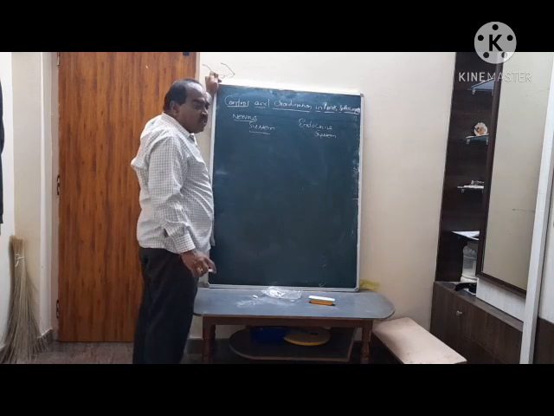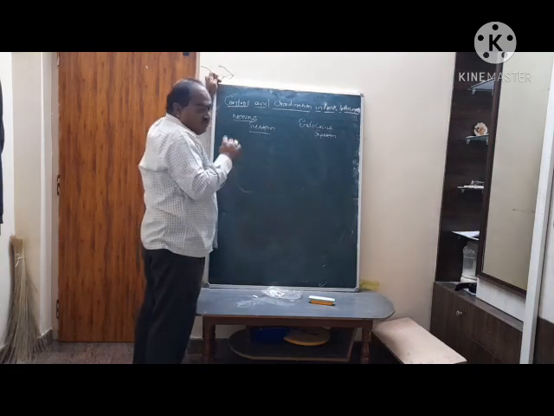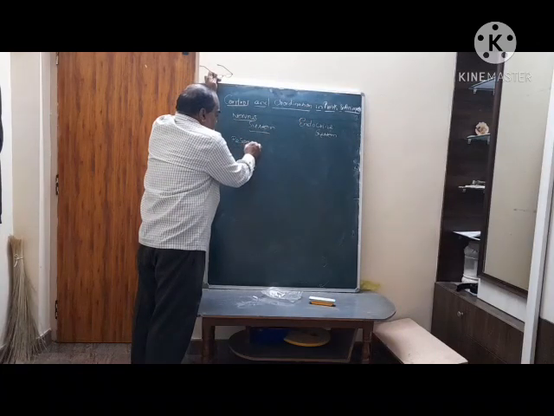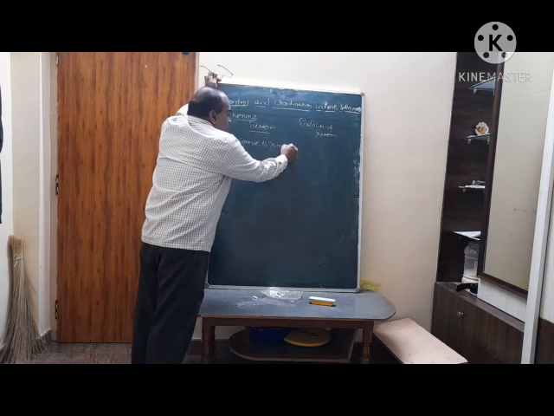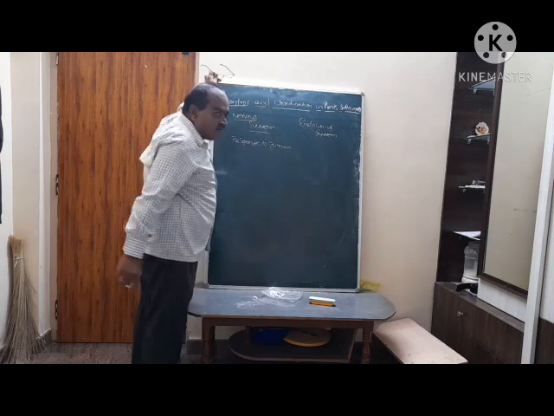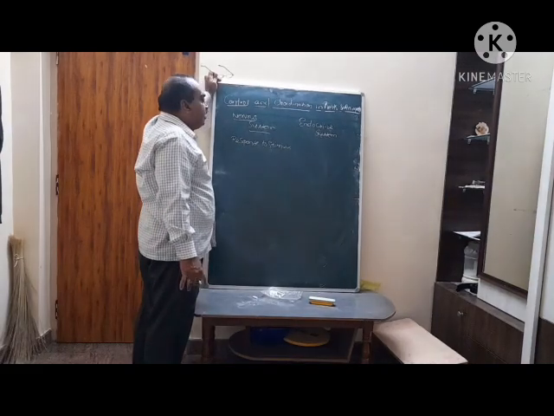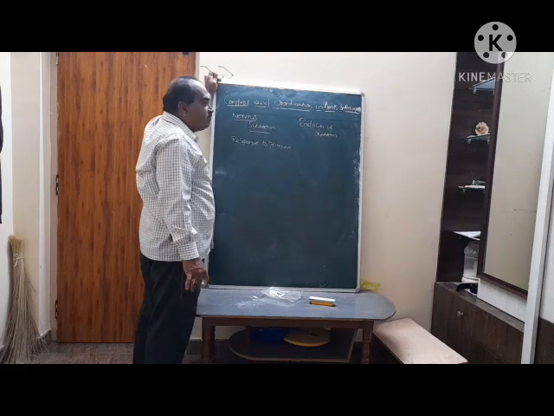Response takes place by the nervous system through the nerves. You know that irritability contains two parts: response and stimulus. Response is the reaction that takes place by the living organism.